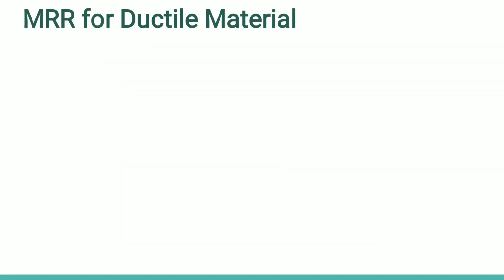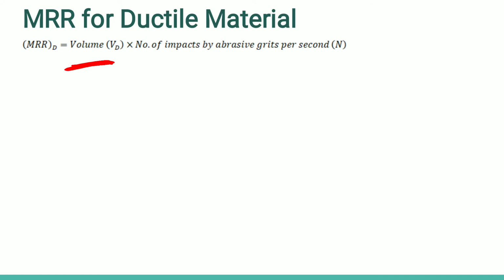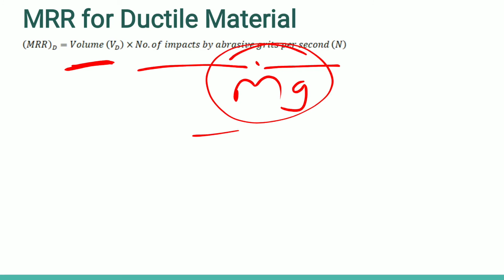Next is the material removal rate for the ductile material. Again, the same approach: it is the volume removed in case of the ductile material as the workpiece, times the number of impacts by the abrasive grits per second, upon the mass of the individual grit.